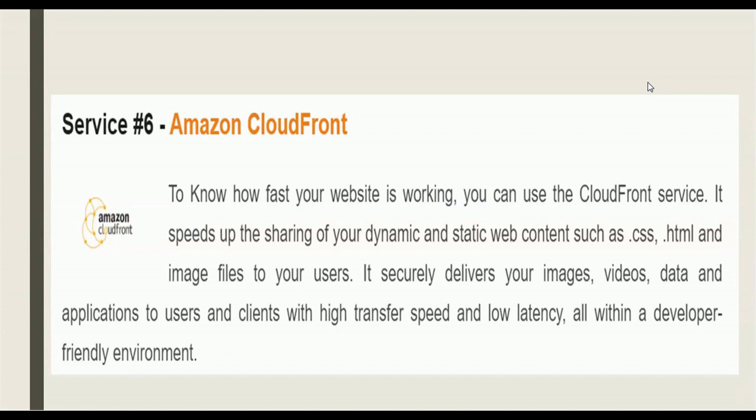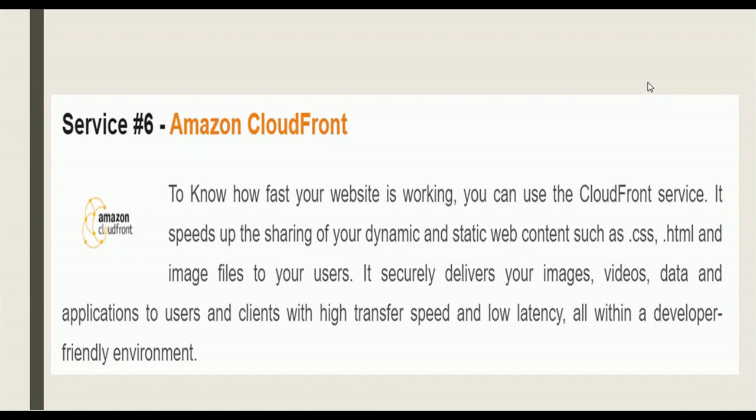Amazon CloudFront, as we have discussed, is used for content delivery. With Amazon CloudFront, you have lower latency to access your data, so you can access your services or data fast.